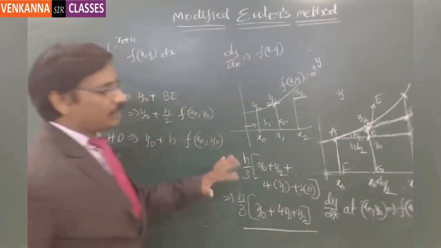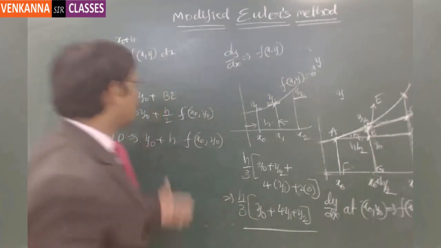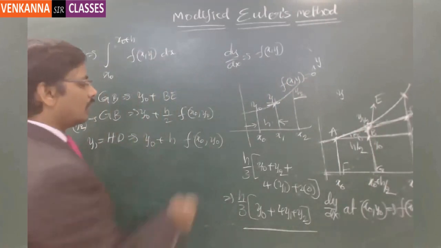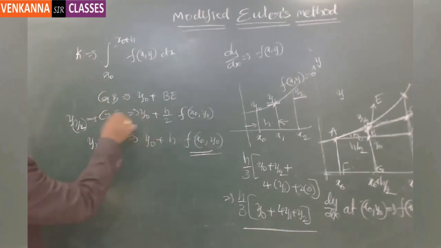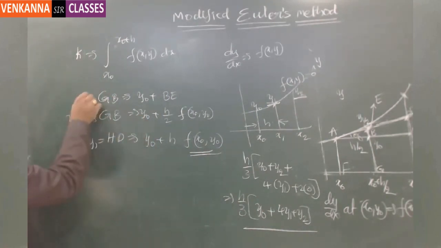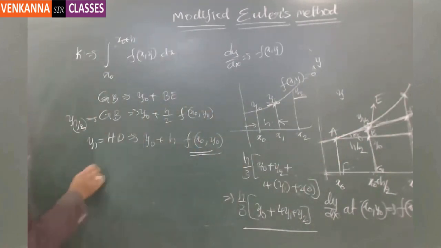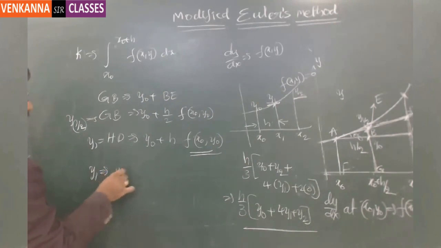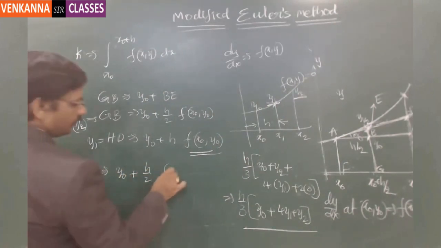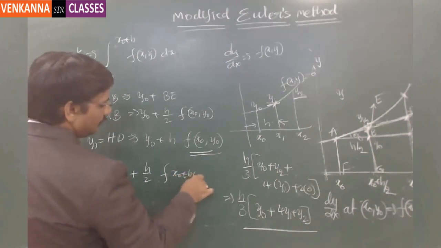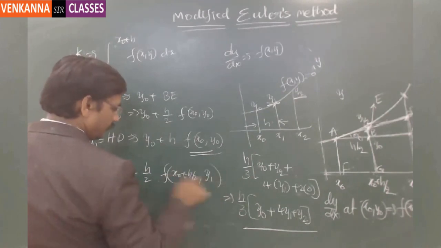But for a better approximation of the slopes at these locations, you can make use of the next approximated values, which are nothing but the next slopes, because you have calculated the new value here itself. So here y0 is there; in the next one, y1 is treated as y0 plus h by 2 times f of x0 plus h by 2, y1 by 2.